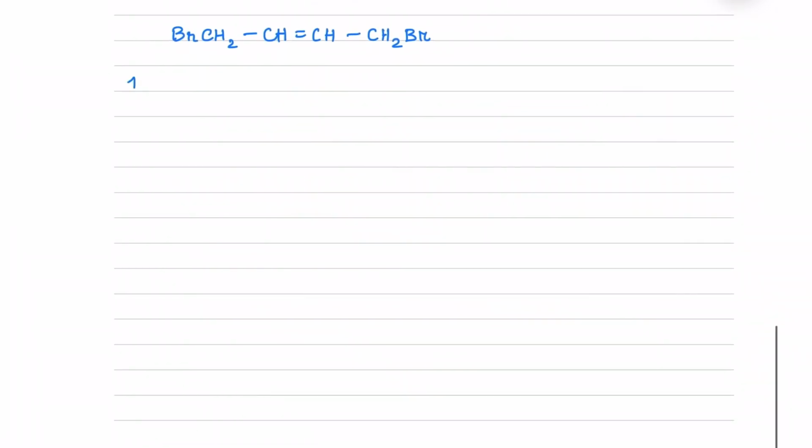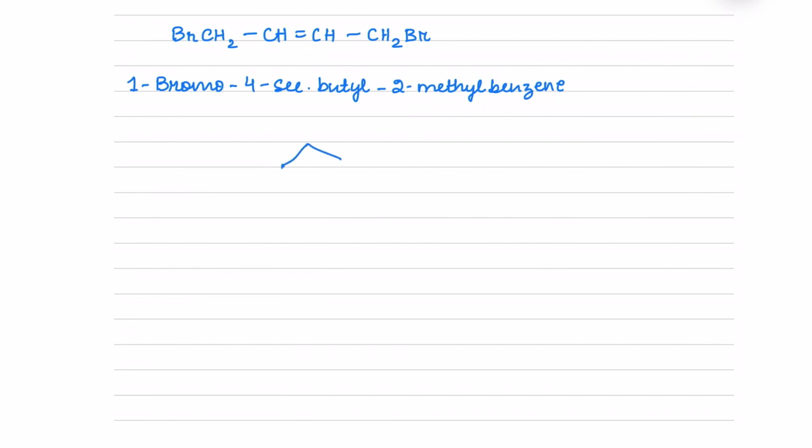The fifth question has asked us to draw the structure of 1-bromo-4-secondary-butyl-2-methylbenzene. First of all, we'll be starting by drawing a benzene ring.